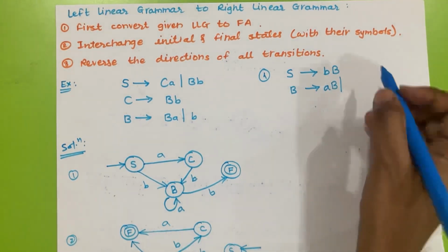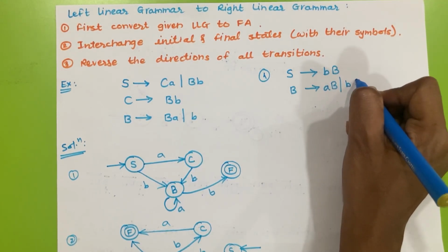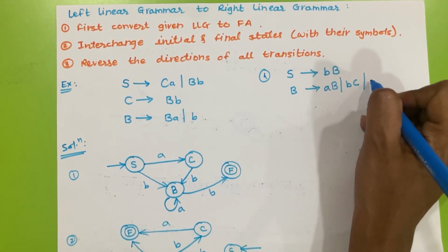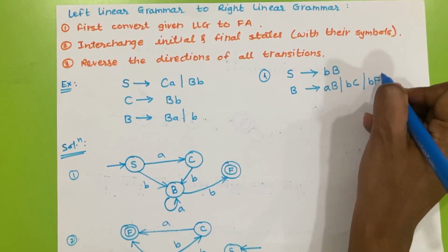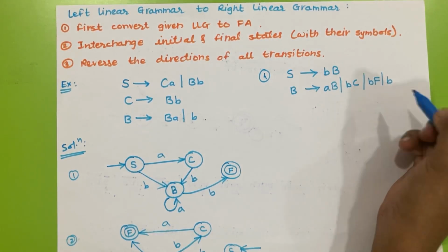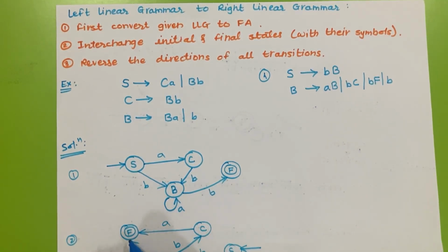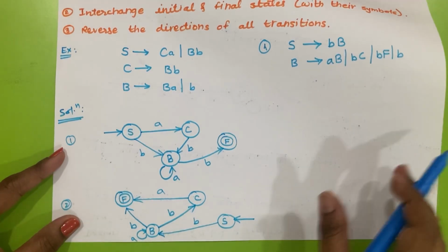Then B tends to BC and B tends to BF or simply B, because F is final state. So for final state we have to add two transitions.